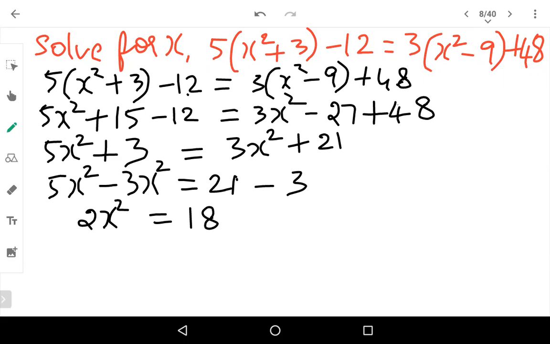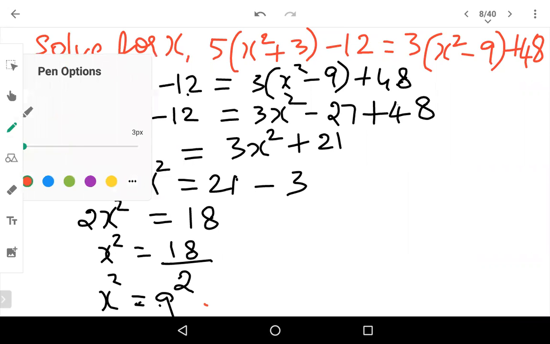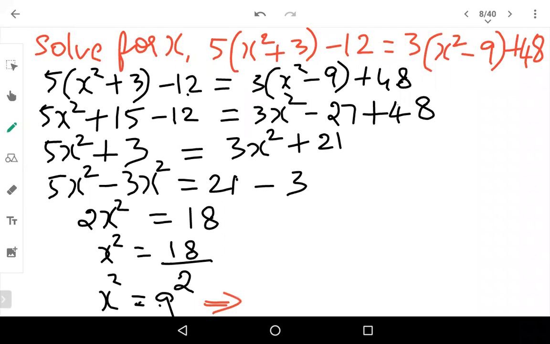Okay, then x square is equal to 18 by 2. So x square is equal to 9. Okay. Now after this, x is equal to square root of 9. Therefore, x is equal to square root of 9 is 3, which is very much correct.